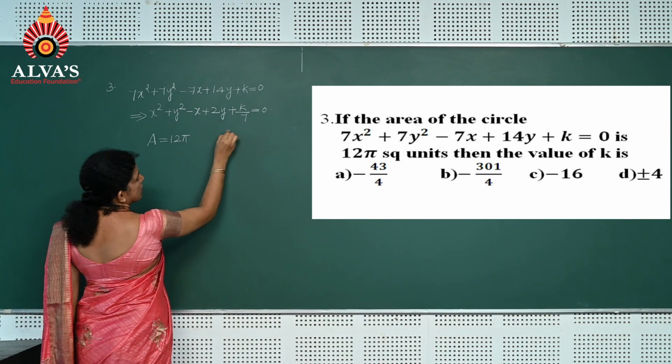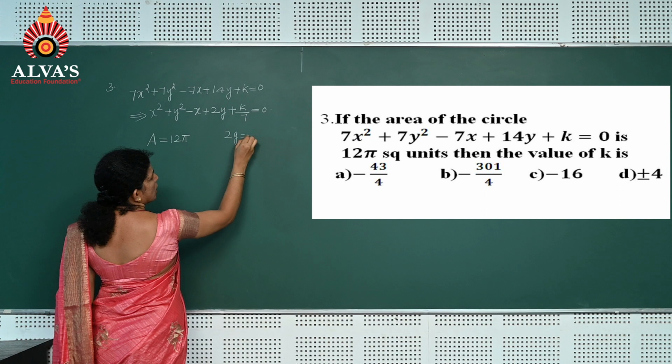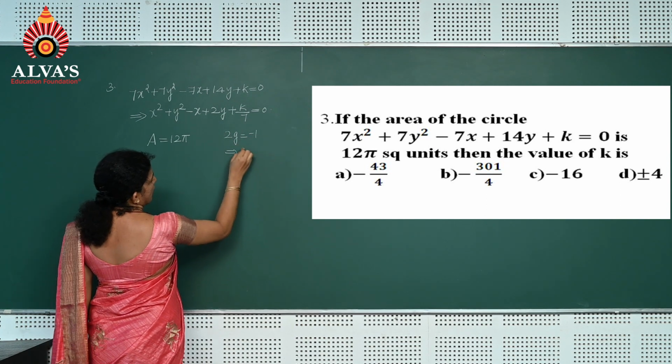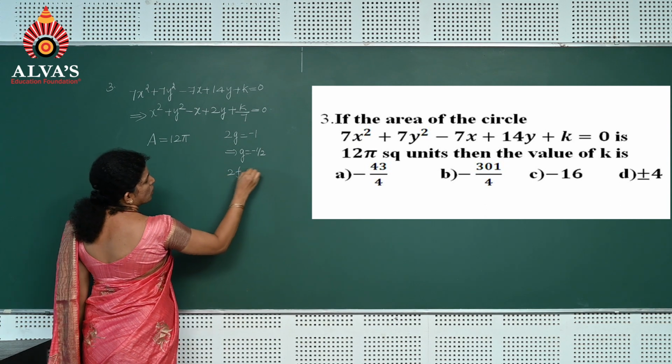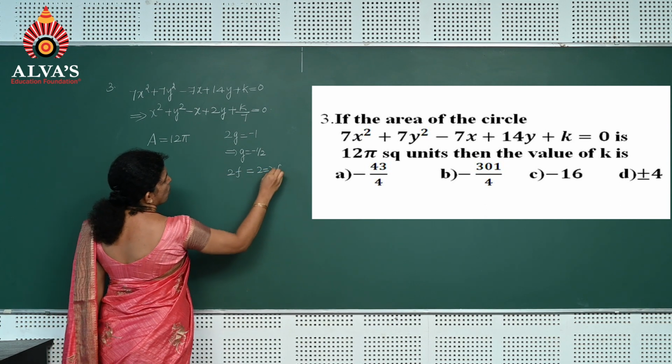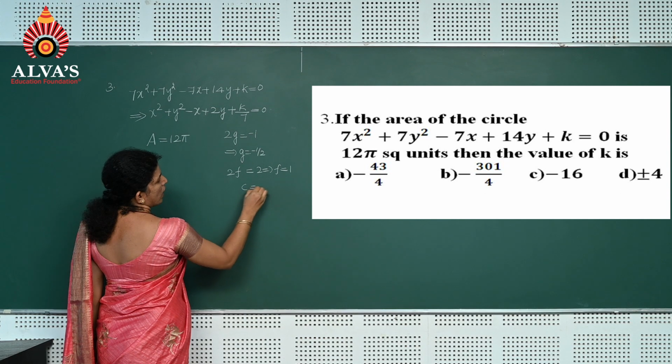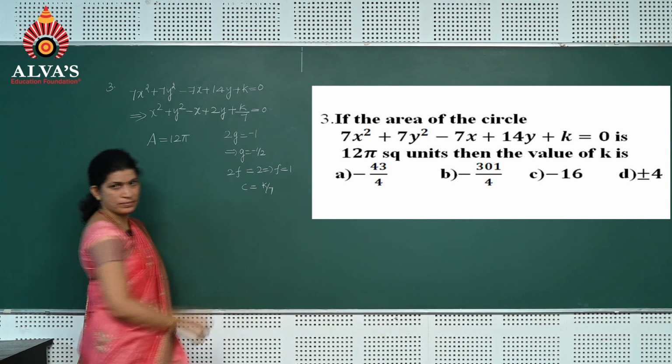Comparing to the standard equation, 2g = -1, so that g = -1/2, 2f = 2, so that f = 1, and the c value is k/7.